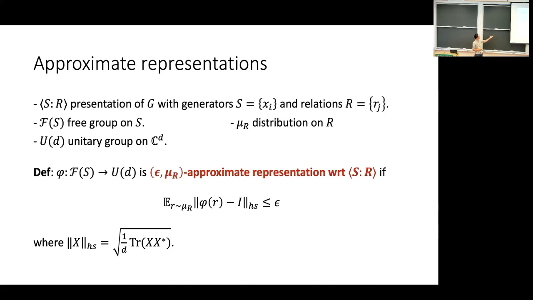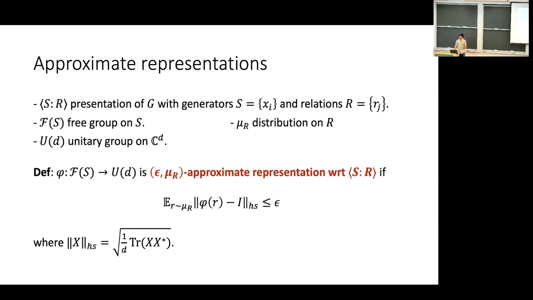So how close this relation is under the map phi to the identity under the normalized Hilbert-Schmidt norm, on average over a random relation, is at most epsilon. And by normalized Hilbert-Schmidt norm, you take the trace of XX star, divide by the dimension, and take the square root. So hopefully the notion of approximate representation is clear.